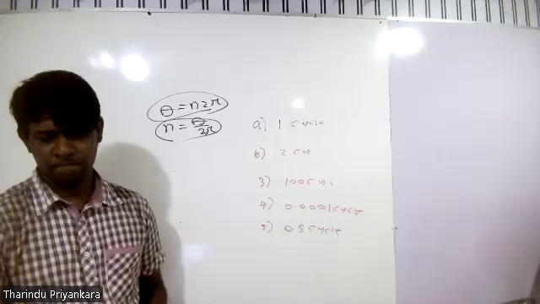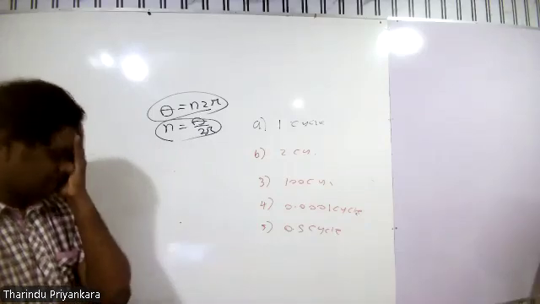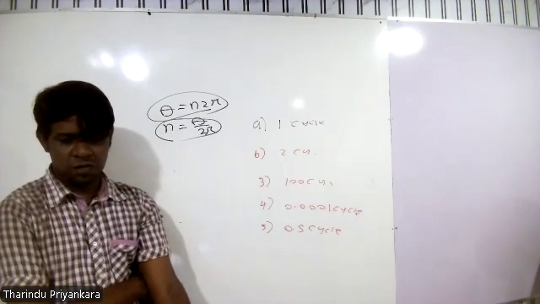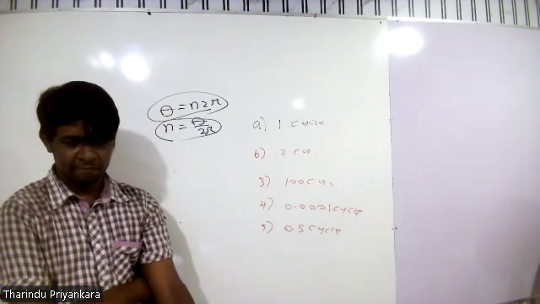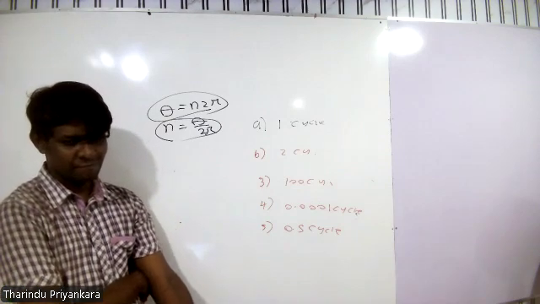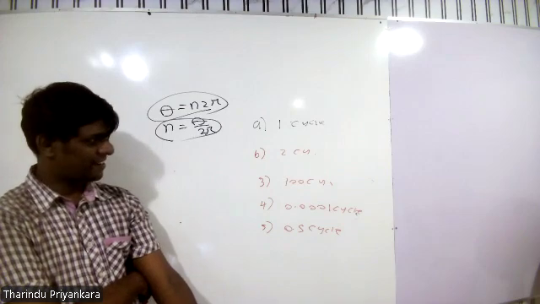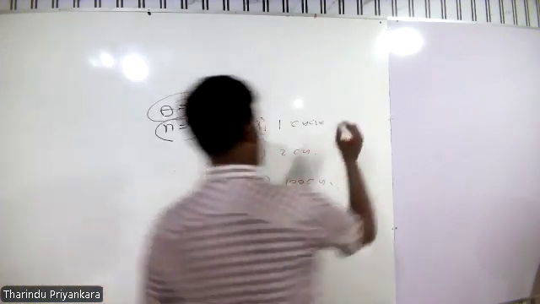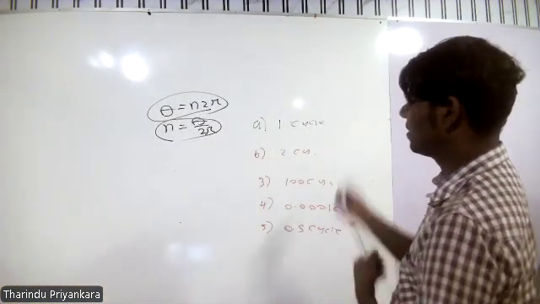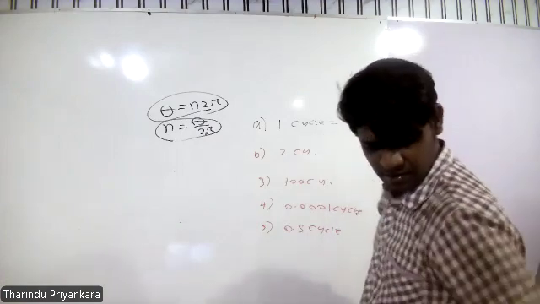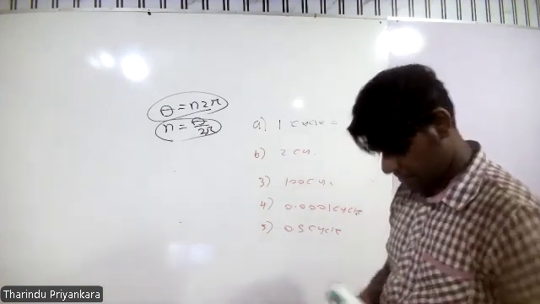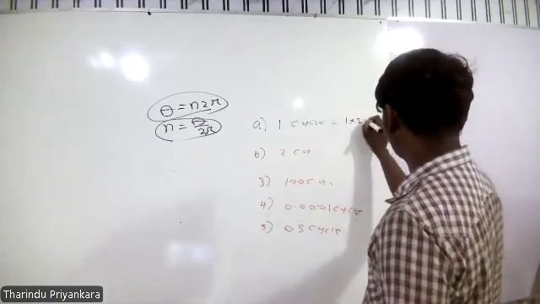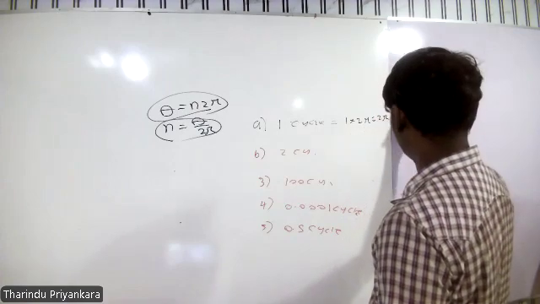Okay, very simple. Done. Theta is equal to n times 2 pi. So here 1 into 2 pi, 2 pi radian.